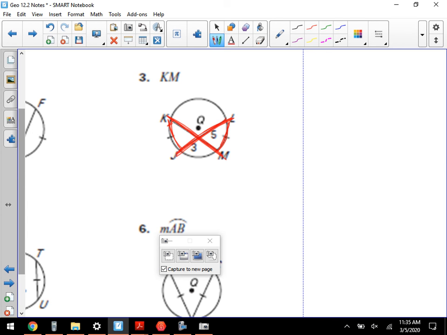Now let me ask you this. If I'm going from here to here, and then from here to here, is there overlap? Are you overlapping the same amount? So wouldn't those two have to be the same? That's the idea. Remember we did angle addition with that leftover middle piece?